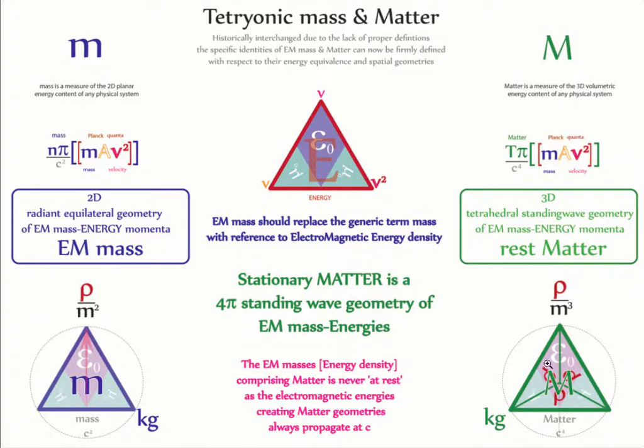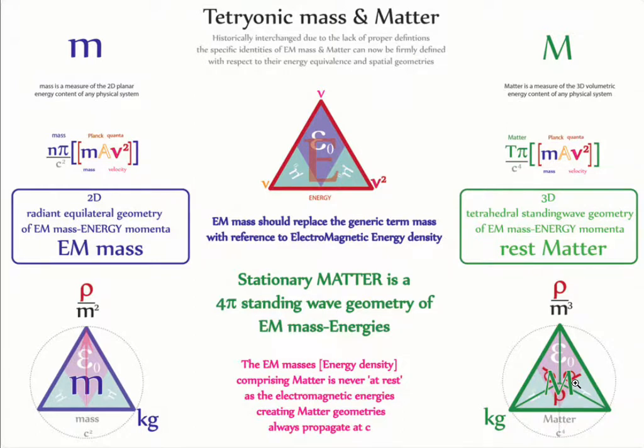The mass energies of the tetrahedral standing wave geometries are never at rest. They continually propagate through their E fields and M fields, one charging the other within the standing wave geometry. And if you cut out the templates that are available on the web pages and build these geometries, and this is something I strongly encourage that you do as you try to become familiar with Tetryonics, you will see in fact that the energy momenta, specifically the linear momenta of the standing wave geometries, is such that the energy circulates from an E field to an M field, and from an M field to an E field around the tetrahedral geometry.